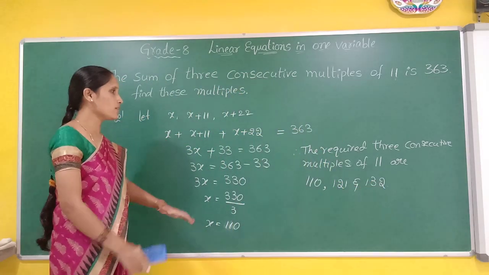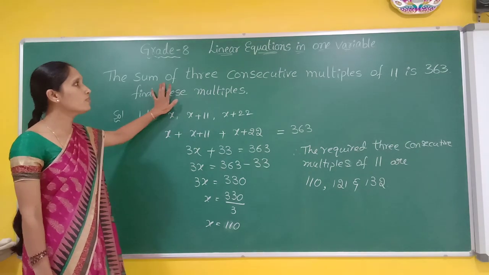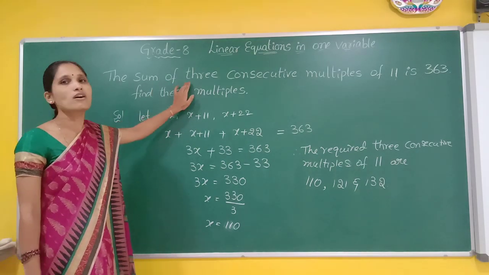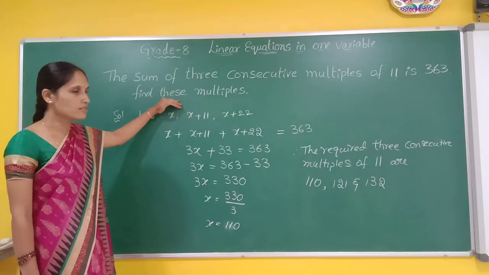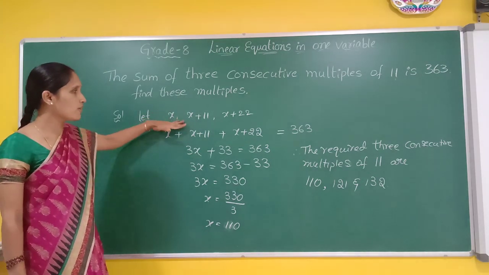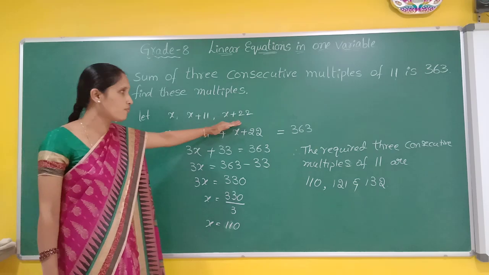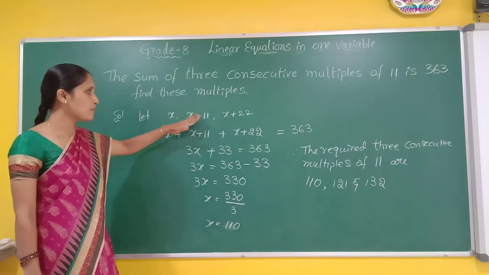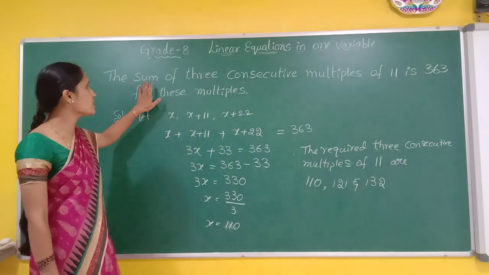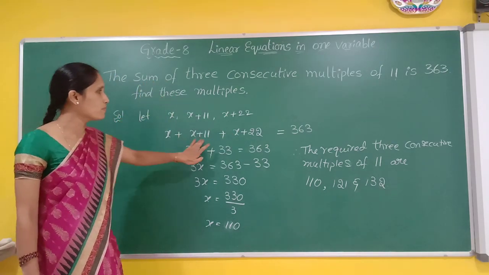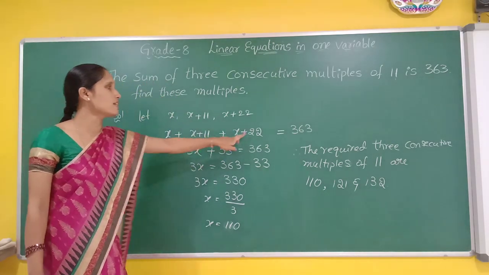Children, if you observe the given question, the sum of three consecutive multiples of 11 is 363. We assume the three consecutive multiples of 11 are x, x plus 11 and x plus 22. The sum of these three numbers is 3x plus 33.